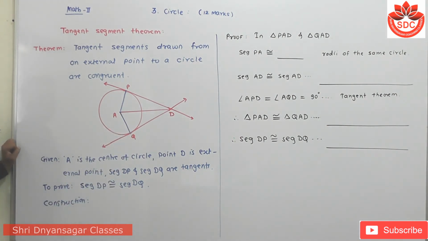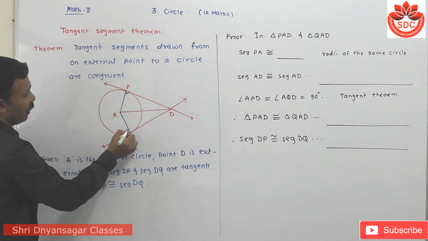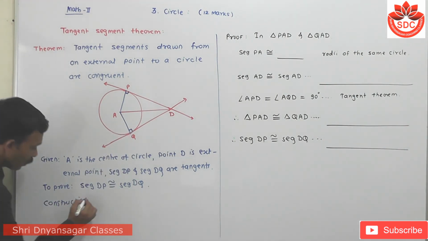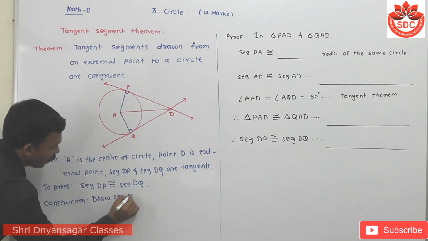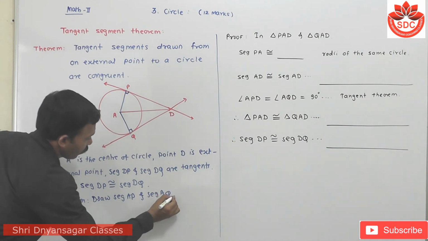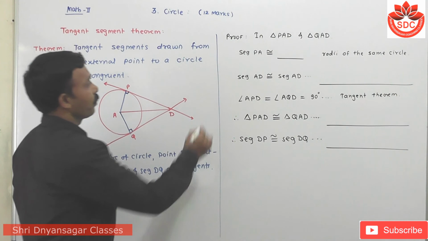Now this segment AP is perpendicular and AQ is also perpendicular. This is our construction.